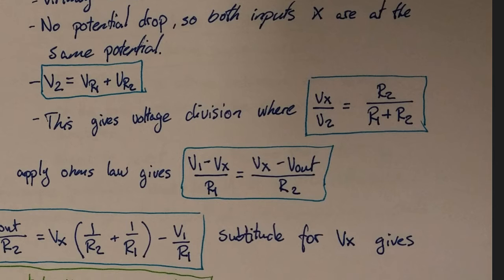This gives that we have voltage division in node X, where we can say the ratio of the voltage in node X and the input signal V2 is equal to the ratio of resistor R2 divided by the sum of R1 and R2.